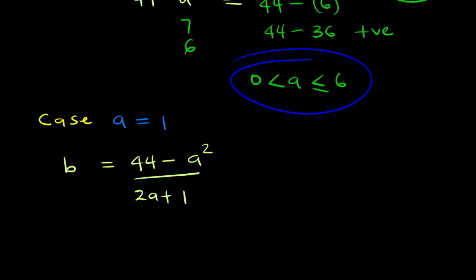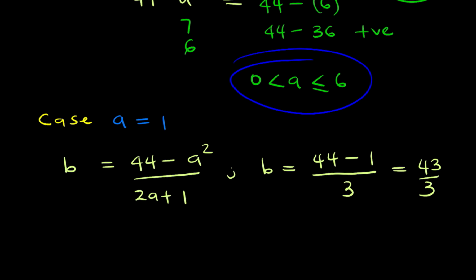And now when a is 1, b is going to be 44 minus 1 squared is 1, 2 times 1 is 2, 2 plus 1 is 3. This gives us 43 over 3.